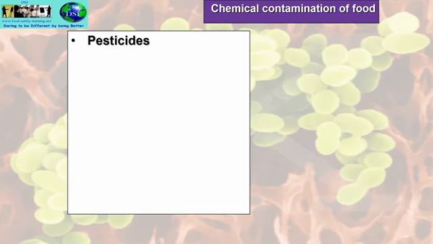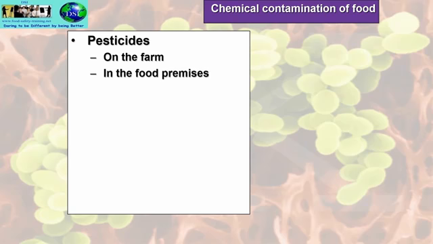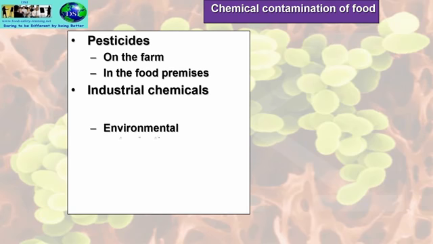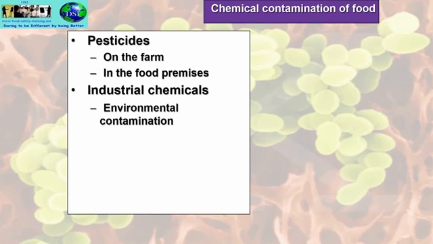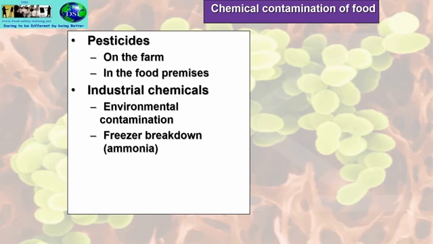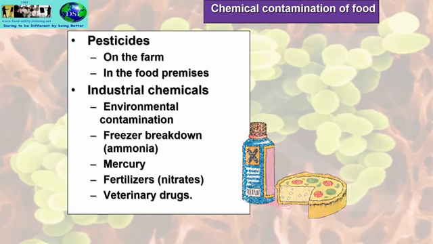Chemical contamination of food can come from pesticides. These could be pesticides used on a farm, in the food premises themselves, industrial chemicals from environmental contamination, for example freezer breakdown, you could get ammonia from that, mercury, usually from fish, fertilizers, where they use a lot of nitrates, and veterinary drugs such as antibiotics.